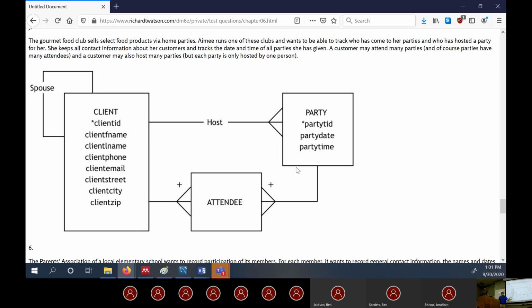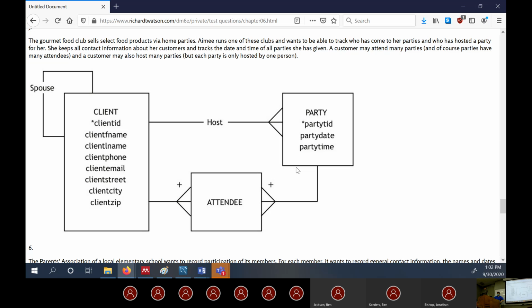Now, I don't like how this is represented. What's the problem with this? Why might I not like how this relationship for spouse is represented? Probably not party, because party is talking about a party being married to another party.